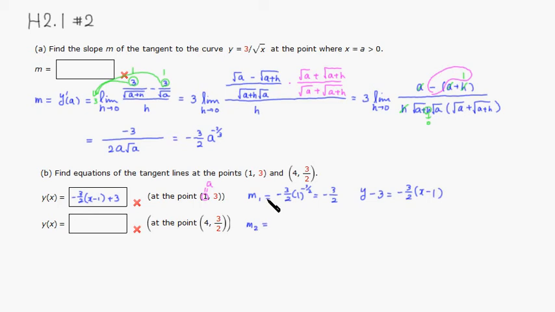All right, so how about the slope for the other one? m2: the a value is now 4, so we can just plug in 4 there. I think I made a mistake here. This is not 2/3, I said 3/2, and I put 3/2, that's fine.